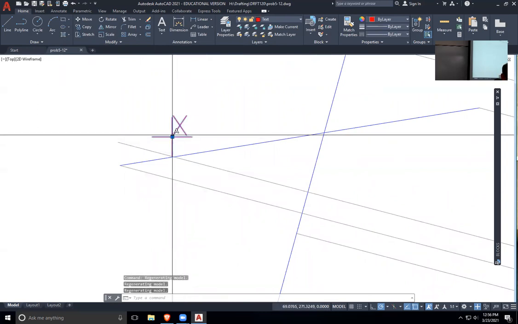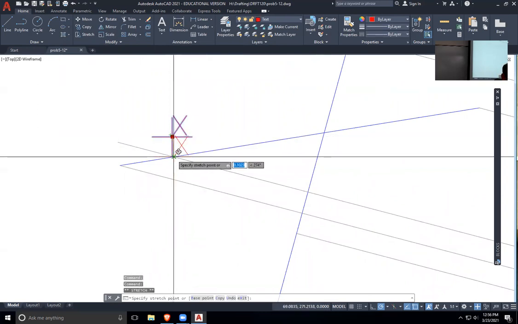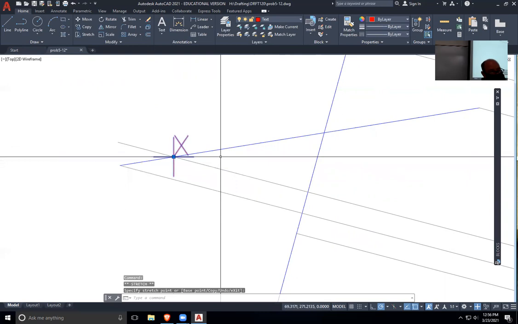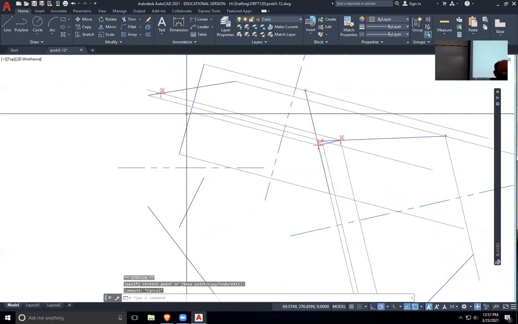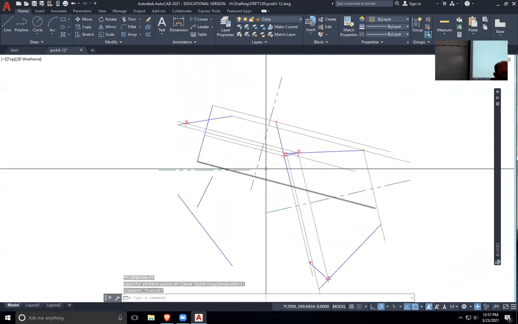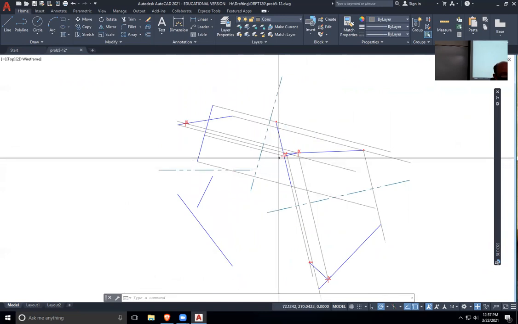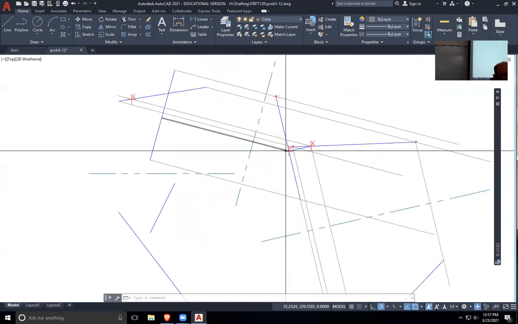Let's see if that works now. There we go. So now I have X in my top view, and Y is also there.